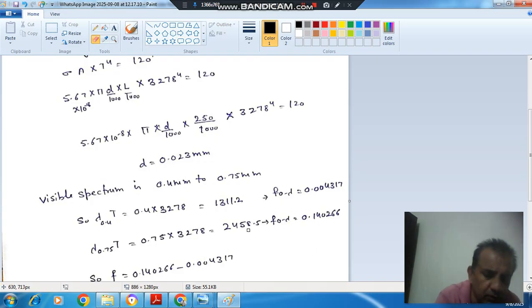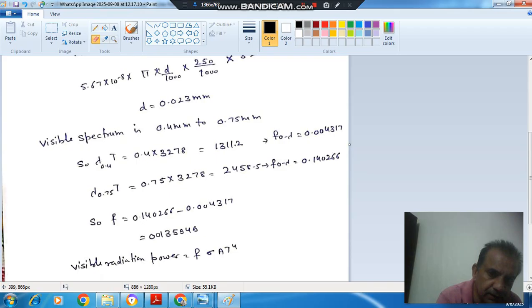We can perform interpolation also, but the differences are large, so we can take the value as it is. So F 0 to lambda is 0.140266.